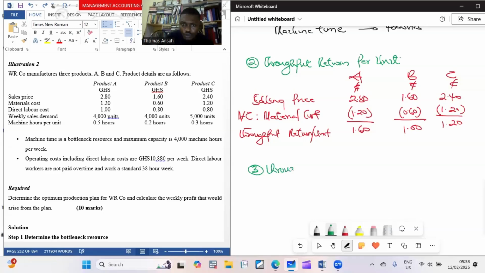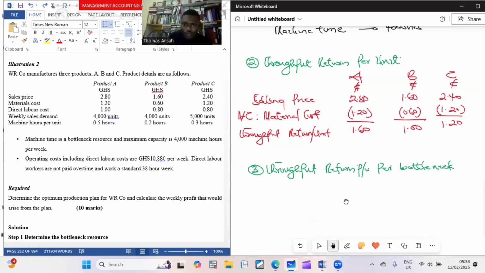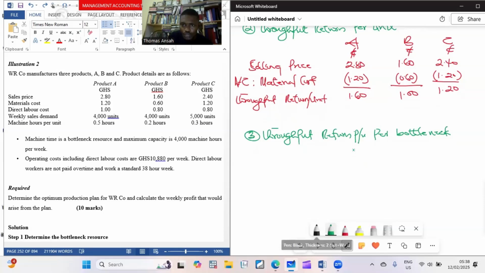So throughput return, of course, is the per unit figure that you have done, per the bottleneck or limiting factor. Whichever terminology you use. So we already have our throughput for product A, product B, product C. In the exam, we can actually continue with it, but I need to teach you systematically.